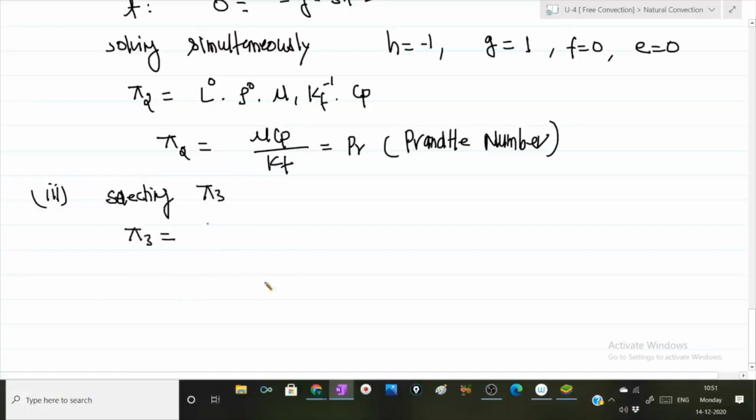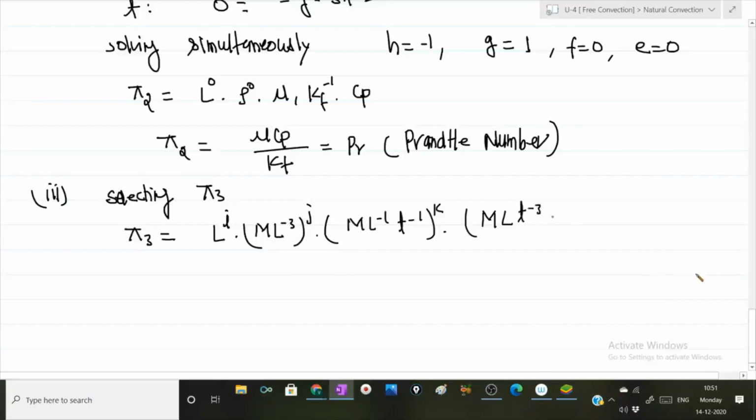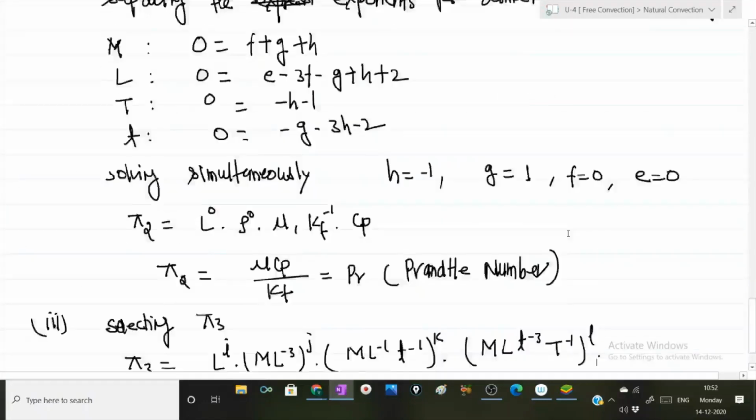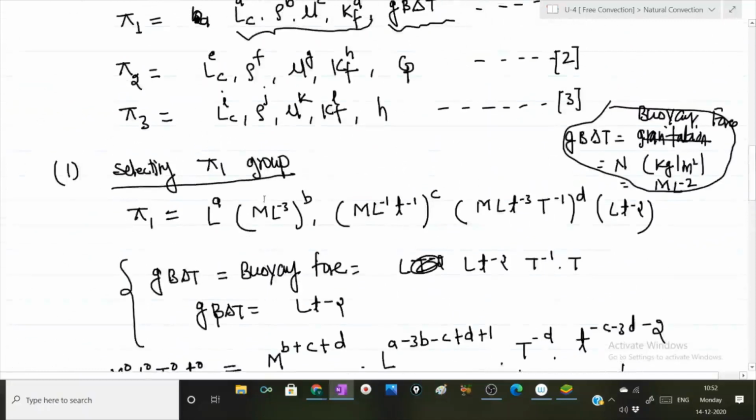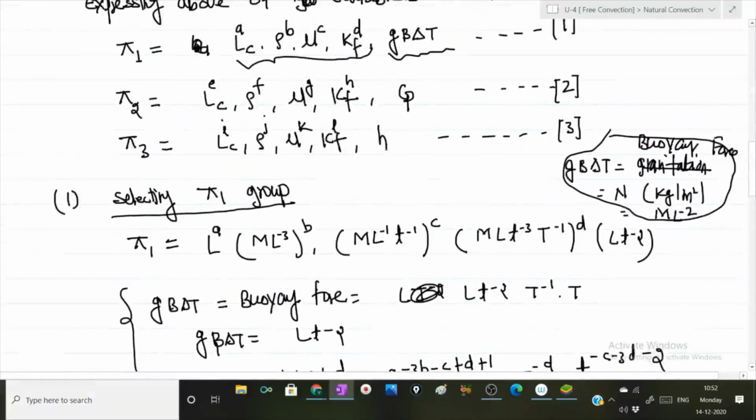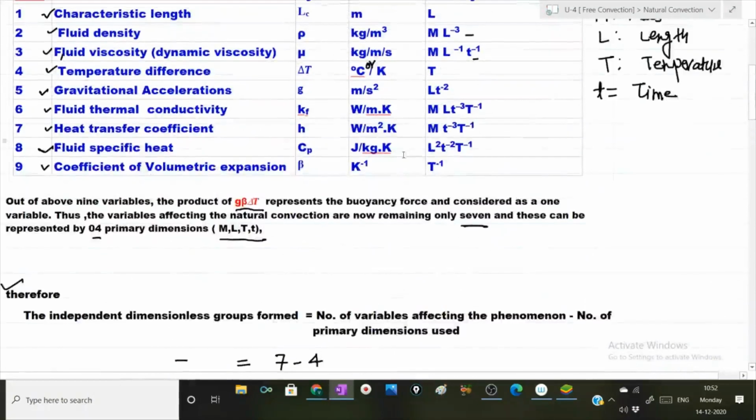Pi 3 is equal to L power i, ML^-3 power j, ML^-1 t^-1 power k, and finally the dimensions of Kf, M L t^-3 T^-1 power l, and the last variable is the selected variable, as you can see in equation 3, h, and the primary dimensions of h from the table are M t^-3 T^-1.